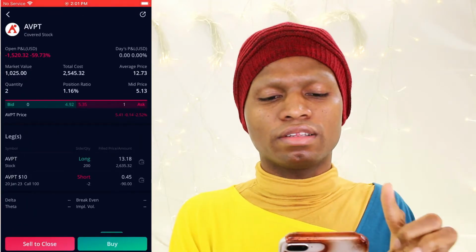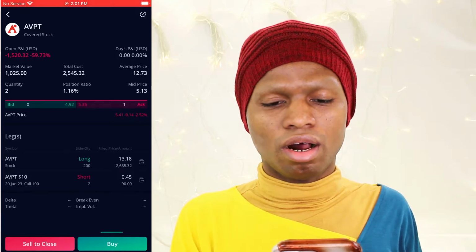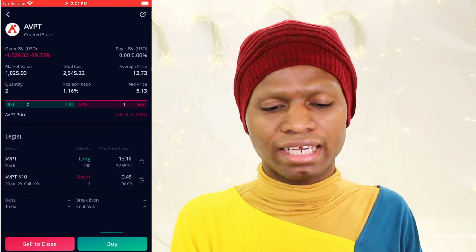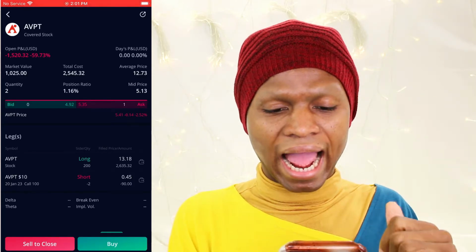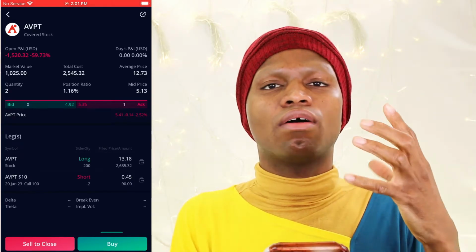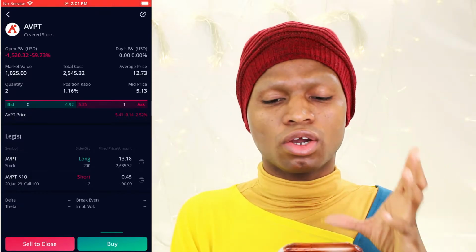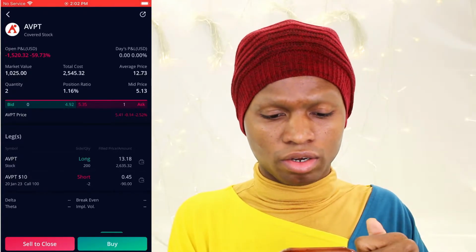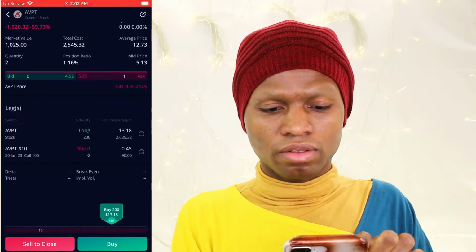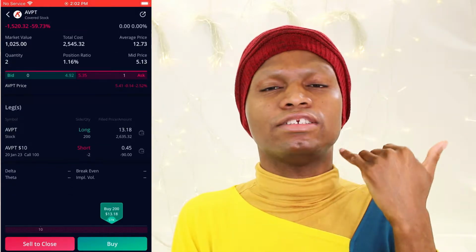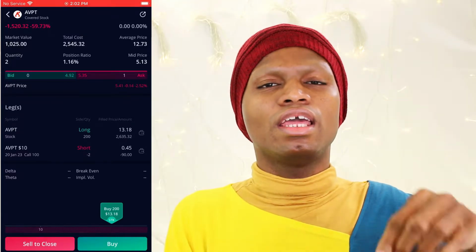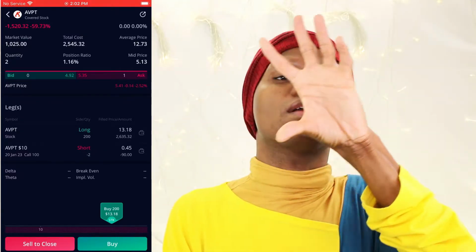Now when I click on this AVPT call, you see it's a covered stock call, right? It's a covered call, okay? So it shows that I have, in order to get rid of this. Now if you make the mistake of just clicking on, you see AVPT long 200, if you click on that, it will actually cancel the entire stuff.